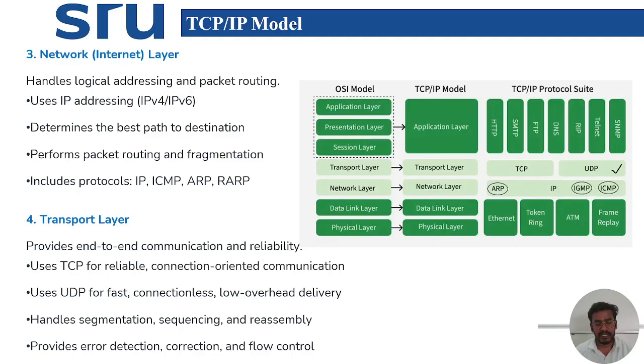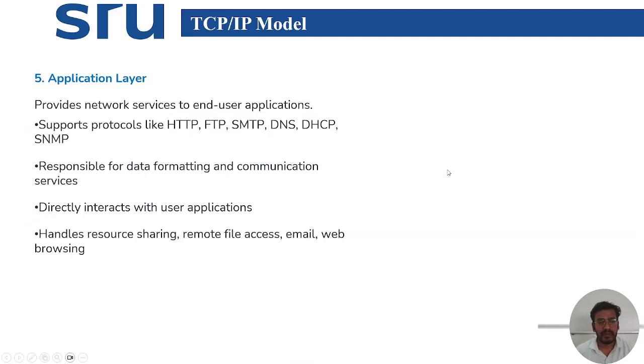Then it provides error detection and correction and flow control in the transport layer. Finally, the application layer provides network services to end-user applications, and supports protocols like HTTP, FTP, SMTP, and DNS.